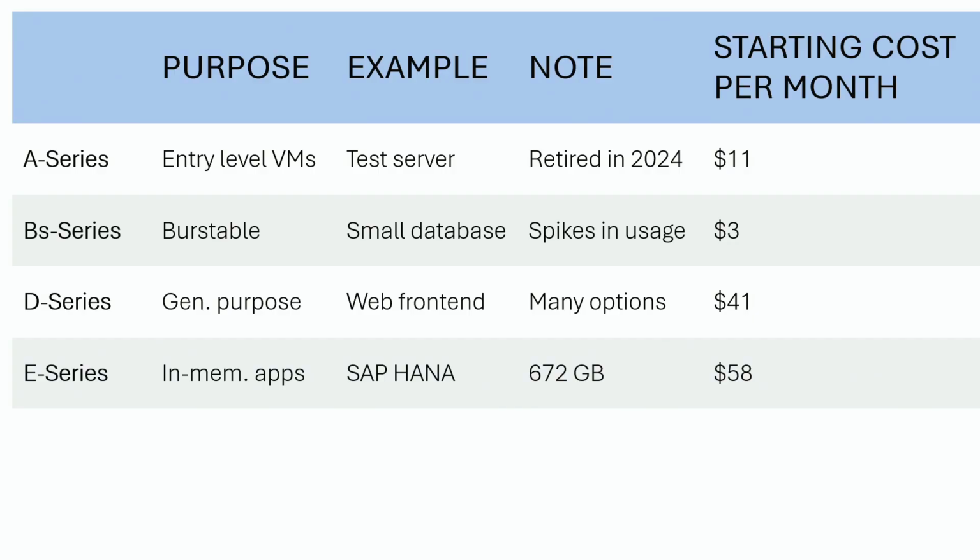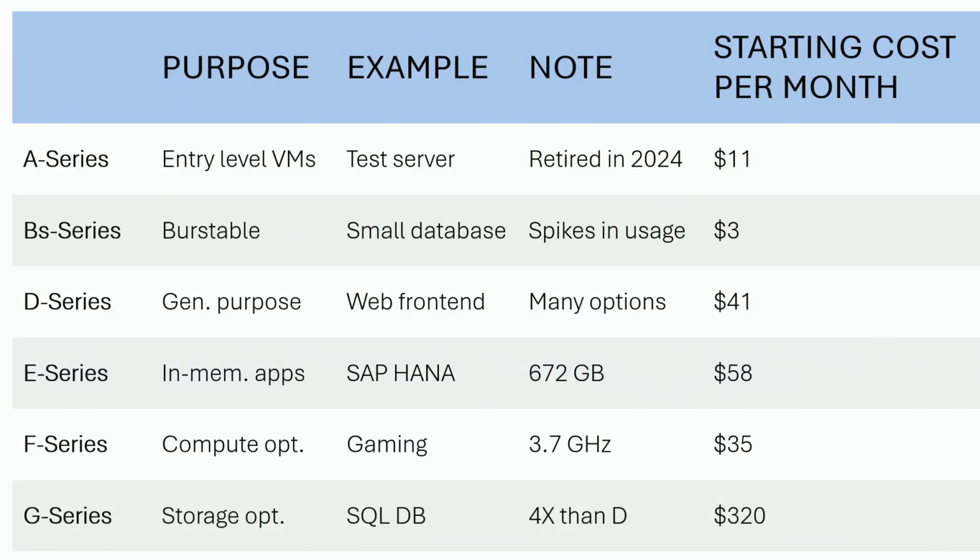The E series is all about applications that offer great performance because they're running in memory. How about the F series? This is where we get into compute-optimized virtual machines, like we would use in gaming. We can get core speeds here up to 3.7 gigahertz, for example, starting at $35 a month.